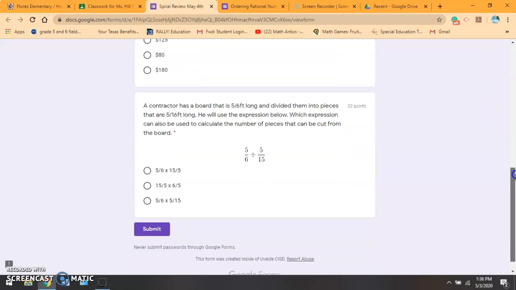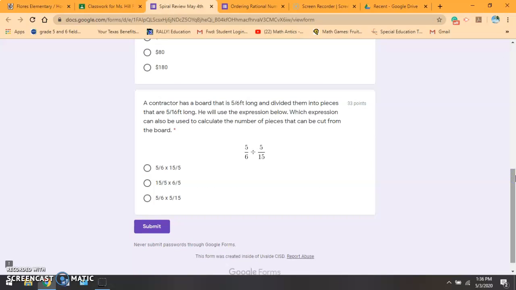Your next one is: a contractor has a board that is 5/6 feet long and divides it into pieces that are 5/16 feet long. He will use the expression below. Which expression can be used to calculate the number of pieces that can be cut from the board? Now on this one, they already gave you the expression. You got 5/6 divided by 5/16.